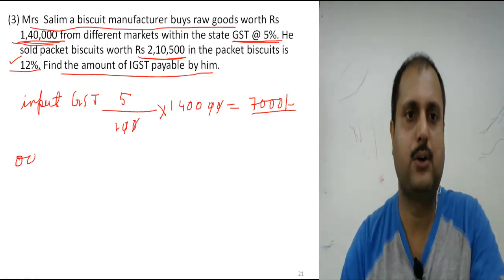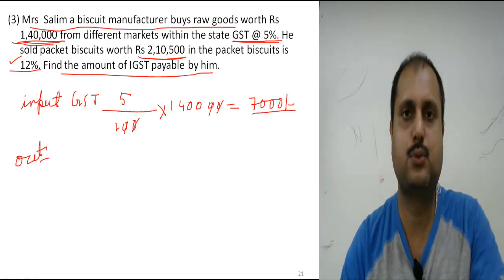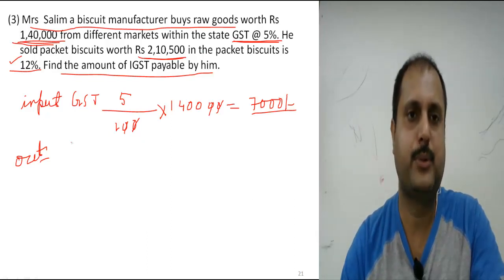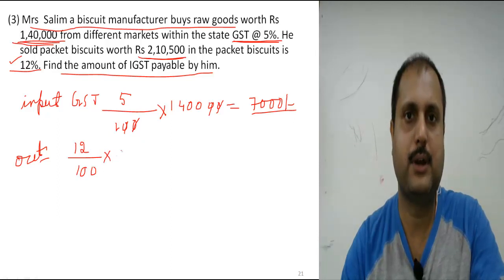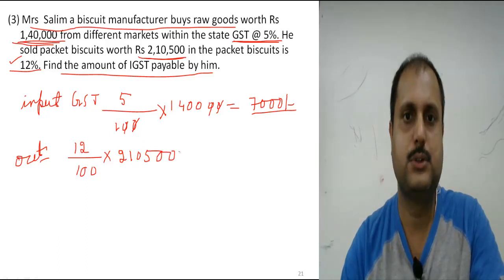Now let's find out the output GST. The output GST: he has sold the biscuit of 2,10,500 at the rate of 12% GST. So let's find out what would be the 12% of the amount 2,10,500. So these two zeros are cancelled.